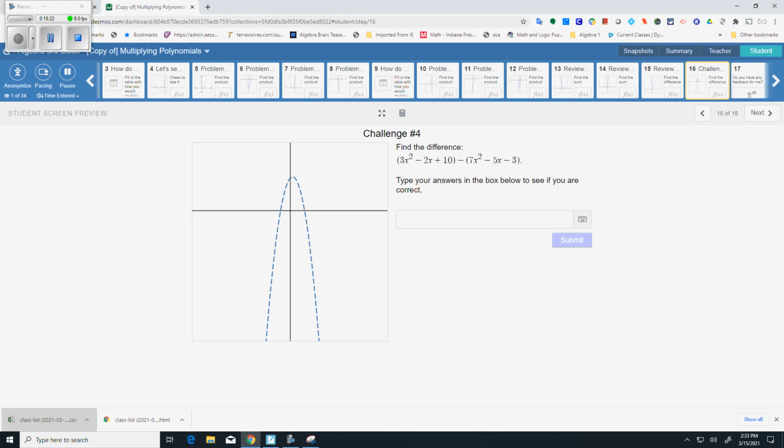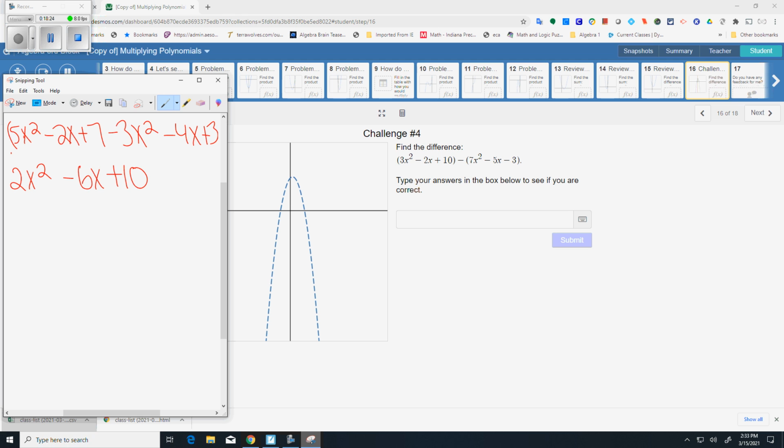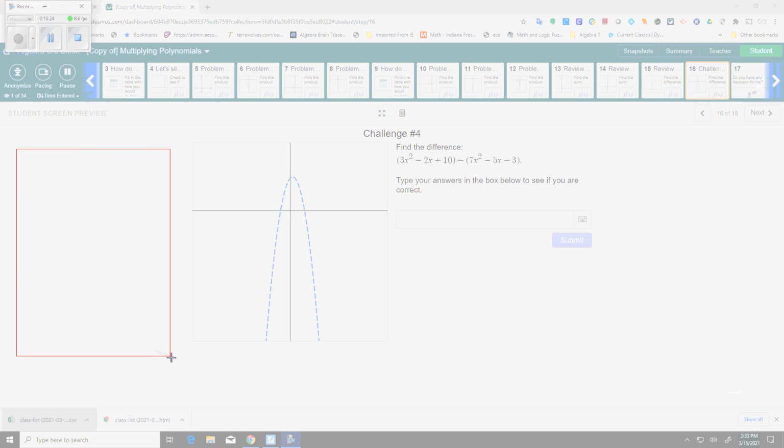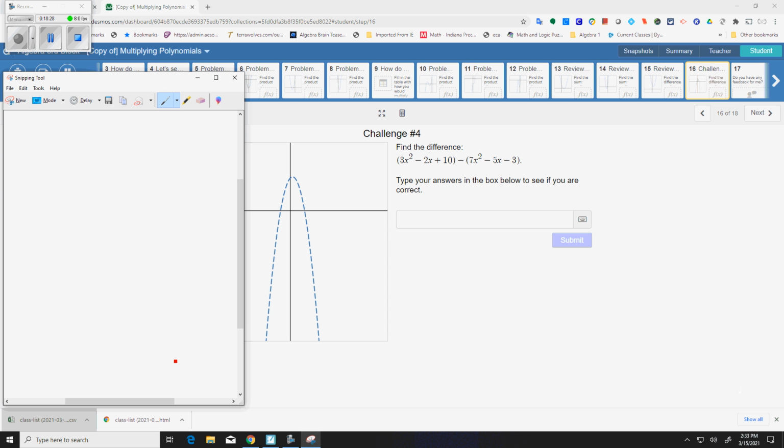And this is our last problem for this set of notes. So we're subtracting again. 3x squared minus 2x plus 10, minus, we're distributing, so minus 7x squared plus 5x plus 3.